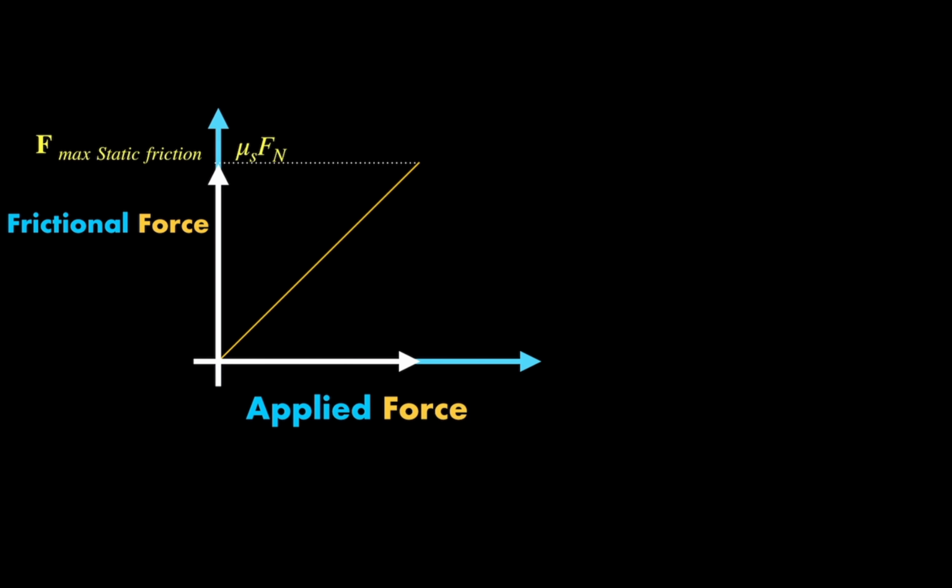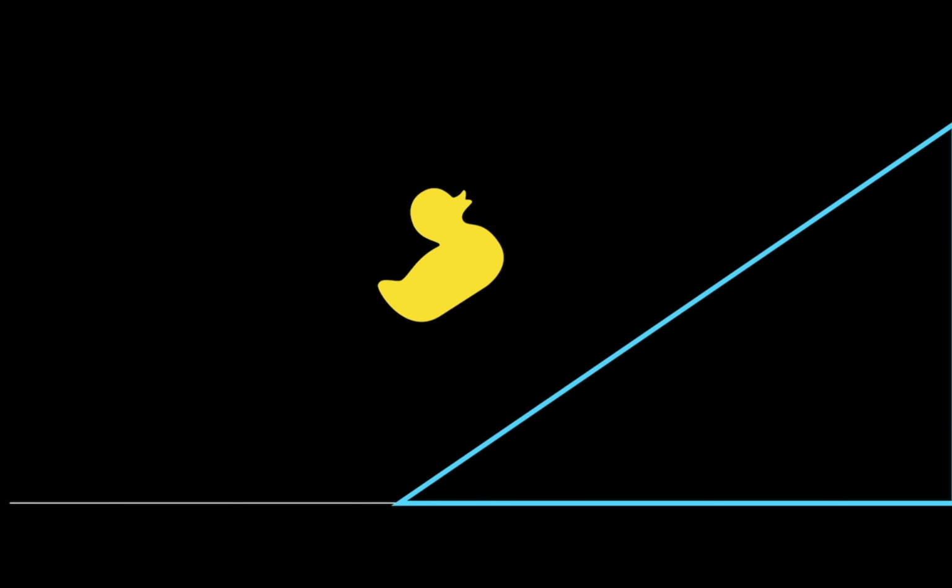If we increase our force further than that, now we enter the domain of kinetic friction. Since kinetic friction is less than the maximum value of static friction, we get a line which is lower than the maximum static friction. Let's look at an example here that helps us understand friction.